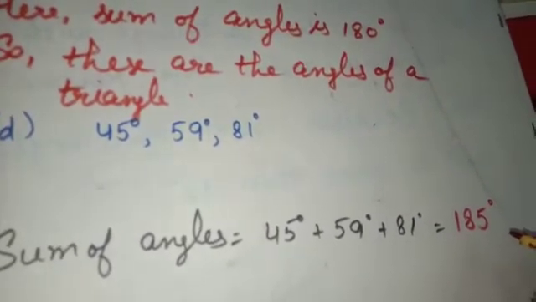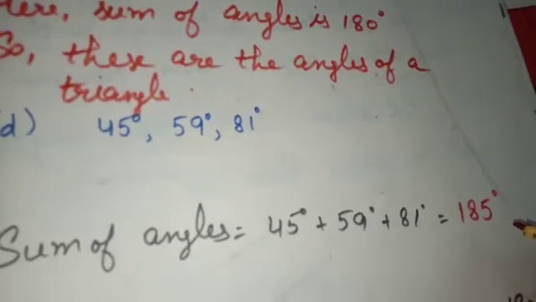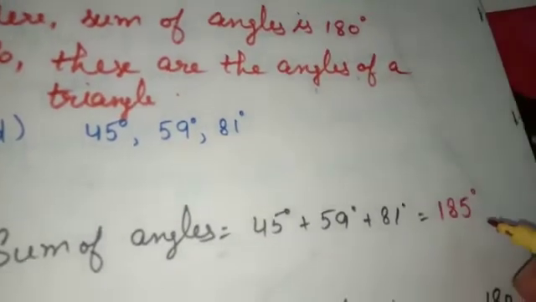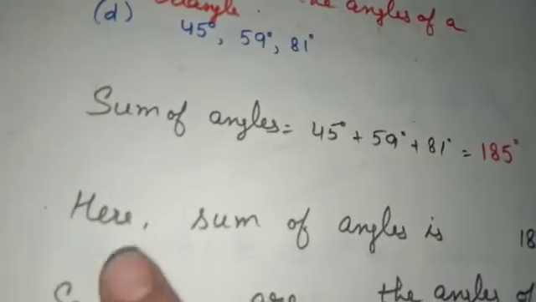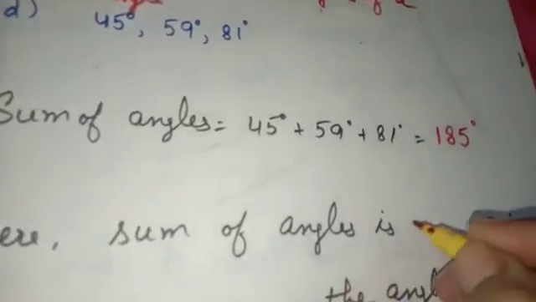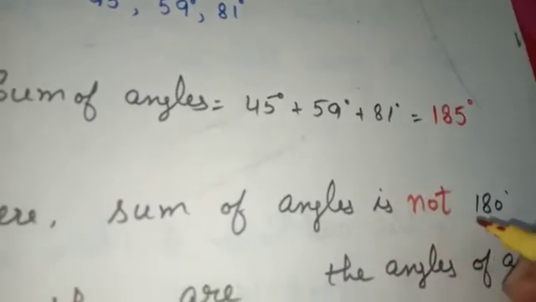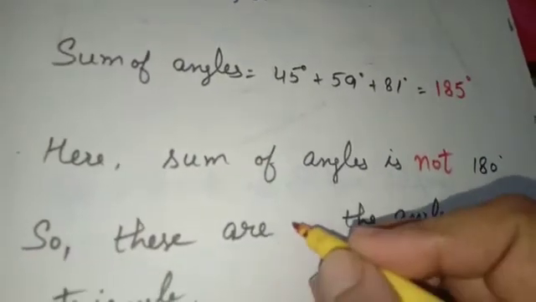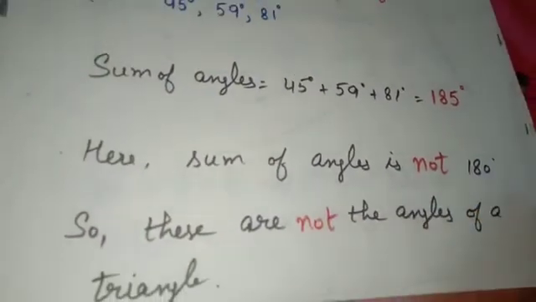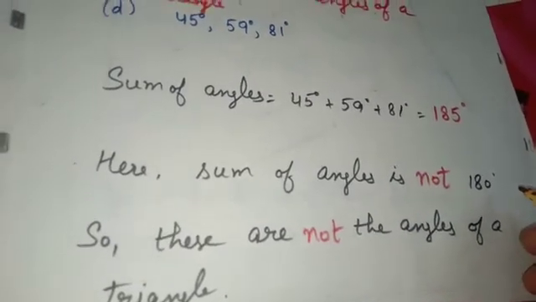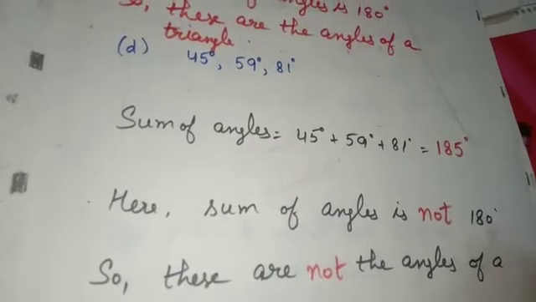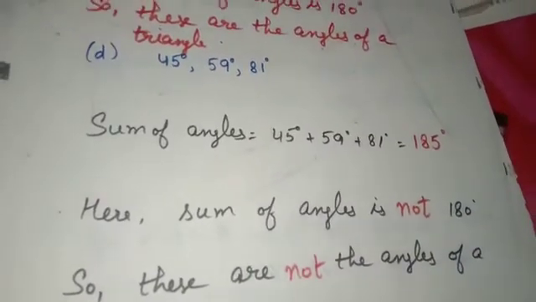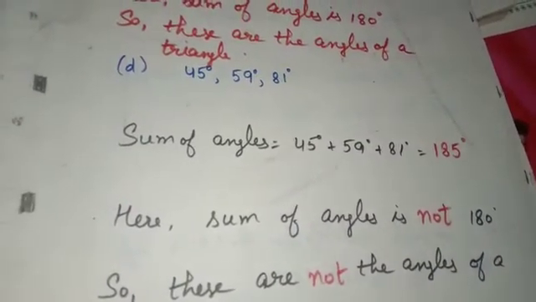But for the angles of a triangle, the sum should be 180 degrees. So here we write, sum of angles is not 180 degrees, so these are not the angles of a triangle. Similarly, we can solve its B and C parts, which you will do on your own. It completes our question number 2.